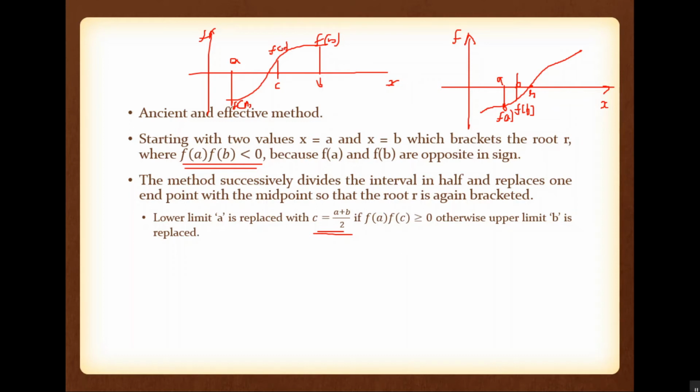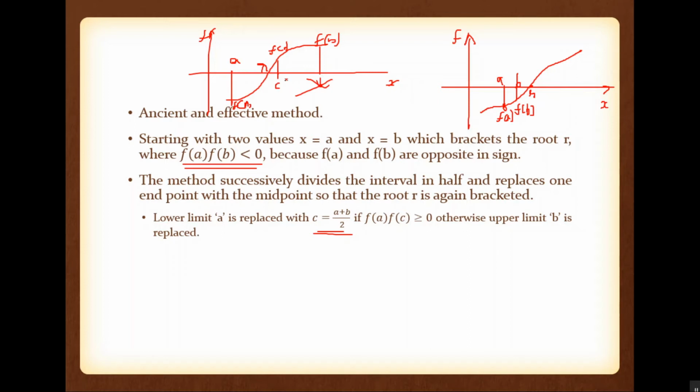So please note, if f of a into f of c is negative, then one thing is sure, the position of c is opposite to the position of a. a is lying left to r, this is the position of r, and c is lying right to r. So c is lying opposite to a. So what can we replace? We can replace b. Now a and c will be the new bracket.